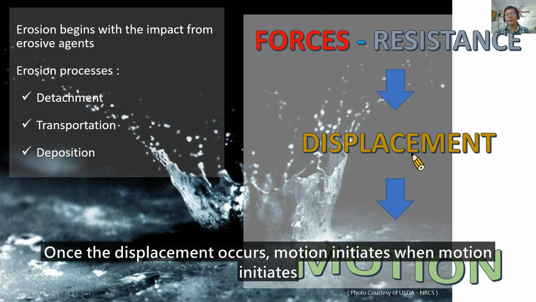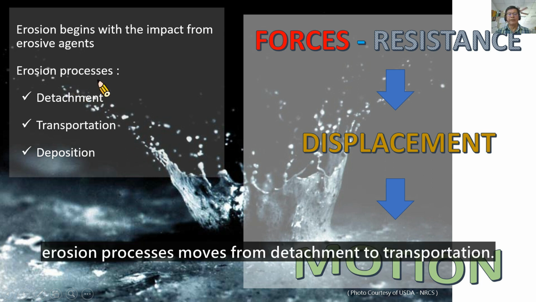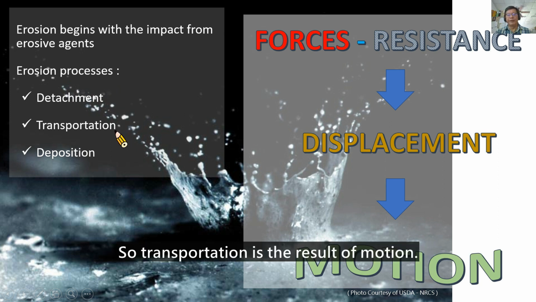Once the displacement occurs, motion initiates. When motion initiates, the erosion process moves from detachment to transportation. So transportation is the result of motion.